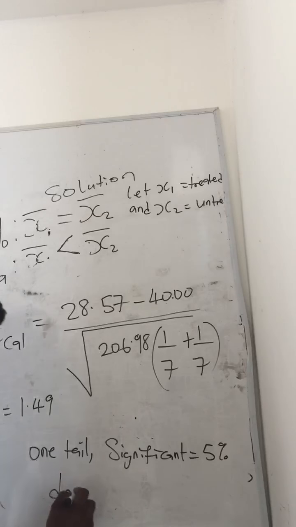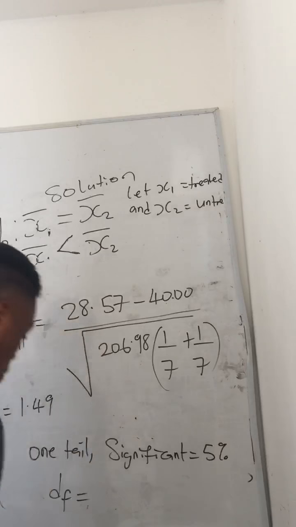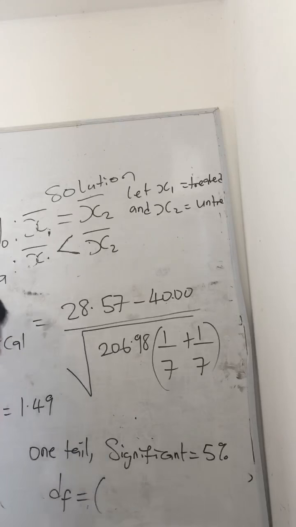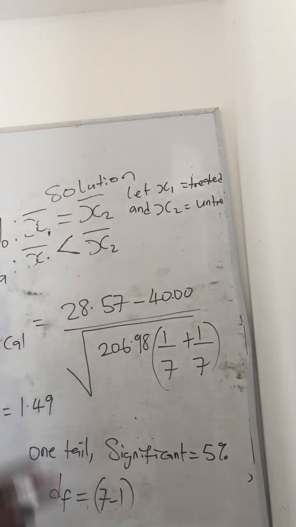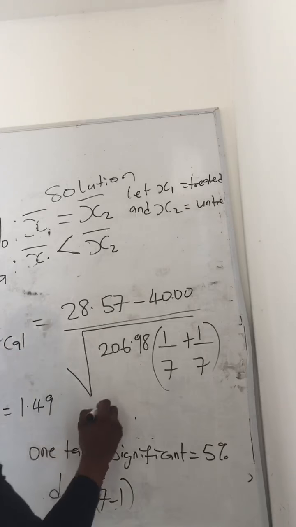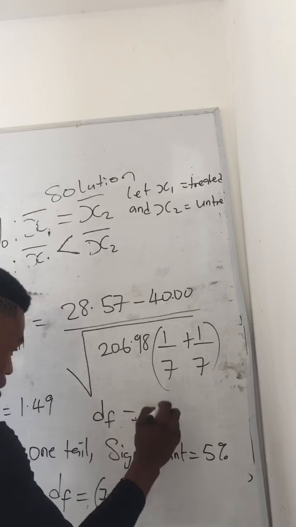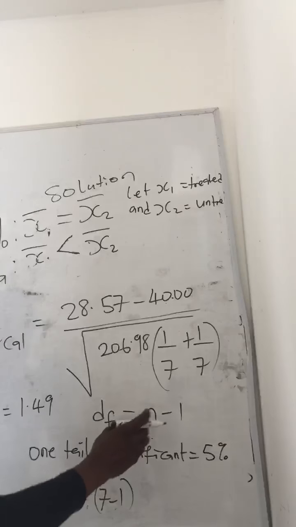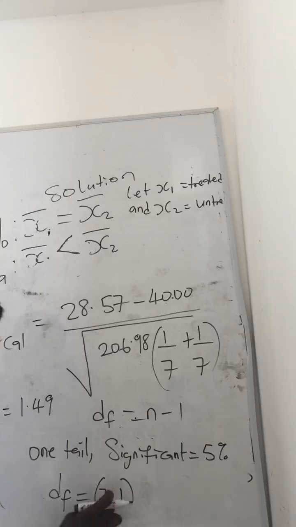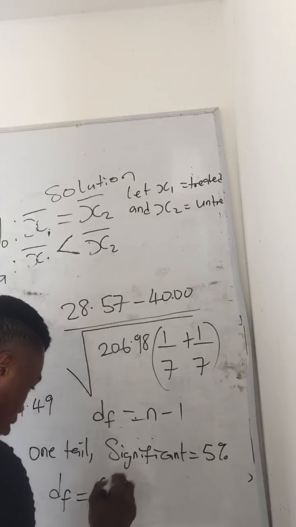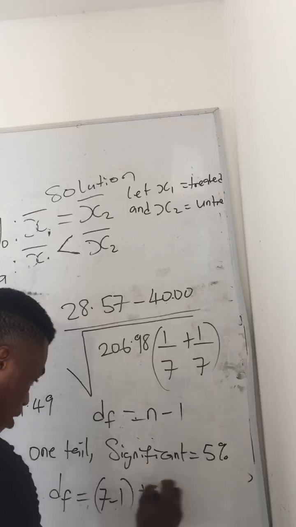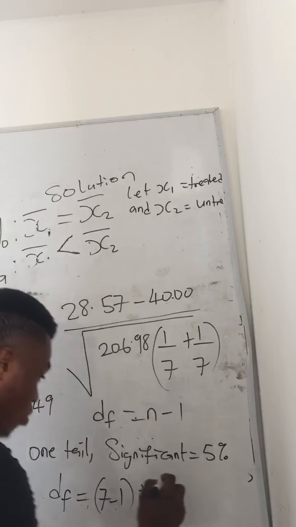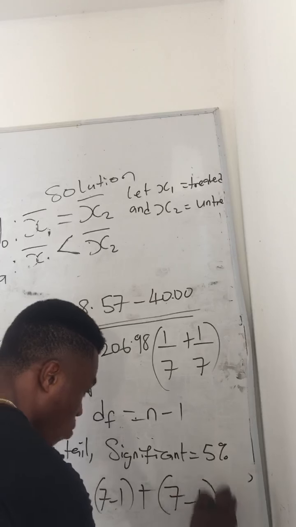So remember, if there are 2 samples, you add the degree of freedom for each of the samples. For the first sample, our degree of freedom was 7 minus 1. Remember we said the degree of freedom, df, is equal to n minus 1, where n is the number of observations. Plus, for the second sample, the degree of freedom is also 7 minus 1.